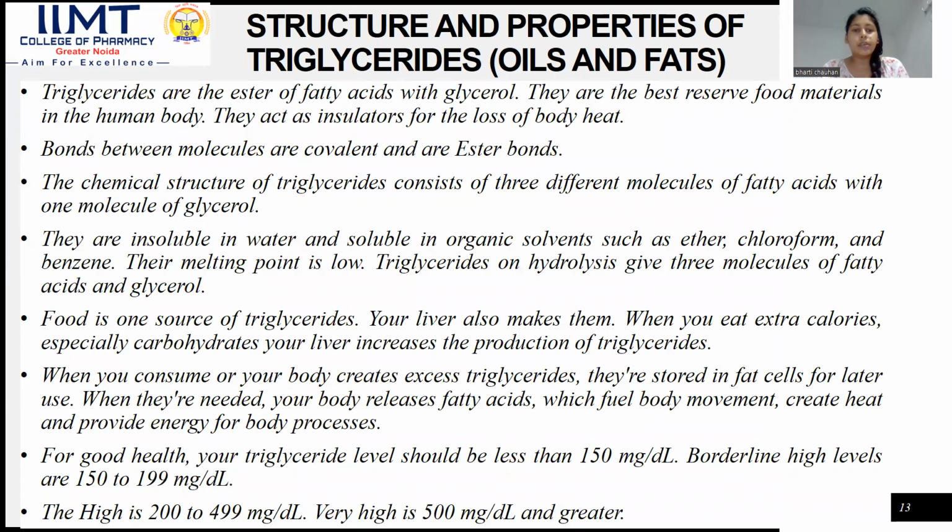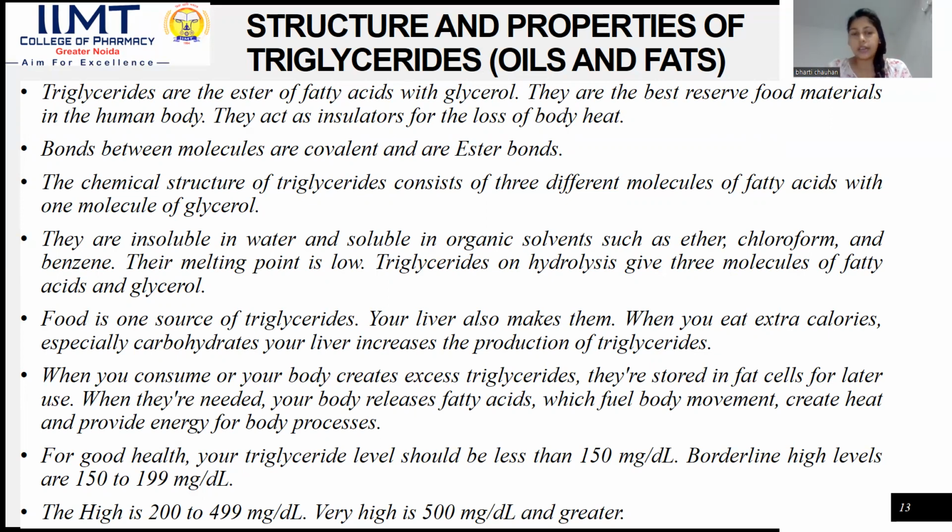Next, food is one source of triglyceride. Your liver also makes them. When you eat extra calories, especially carbohydrate, your liver increases the production of triglyceride. When you consume or your body creates excess triglyceride, they are stored in fat cells for later use as a fuel. So when the body needs it, they will consume the fuel by body movement, create heat and provide energy for body process.